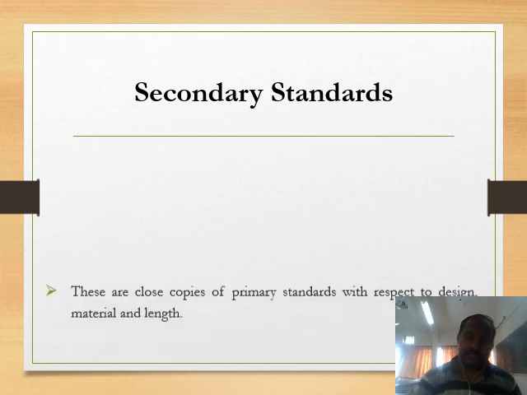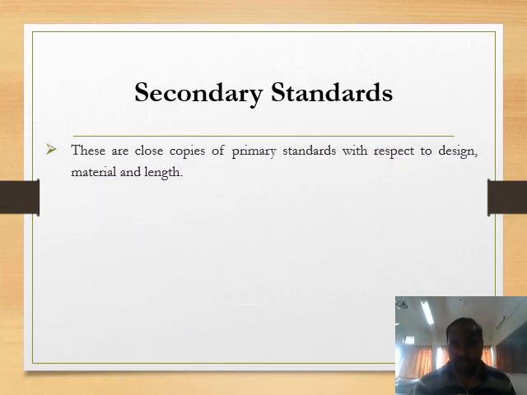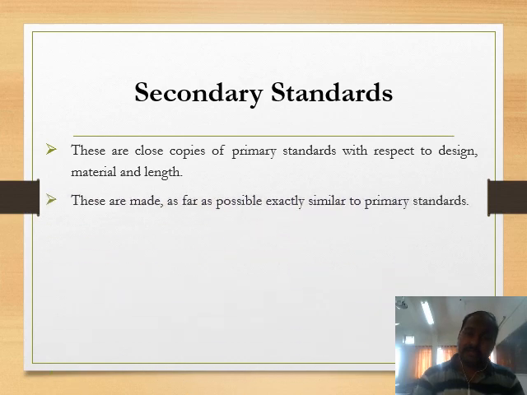Coming to the secondary standards, these are close copies of the primary standard, whether in terms of design, material or length, very near to the primary standard. The primary standard is only one, a meter bar made of 90% platinum and 10% iridium, and similarly another bar with the same material, same length and same design is used as a secondary standard.